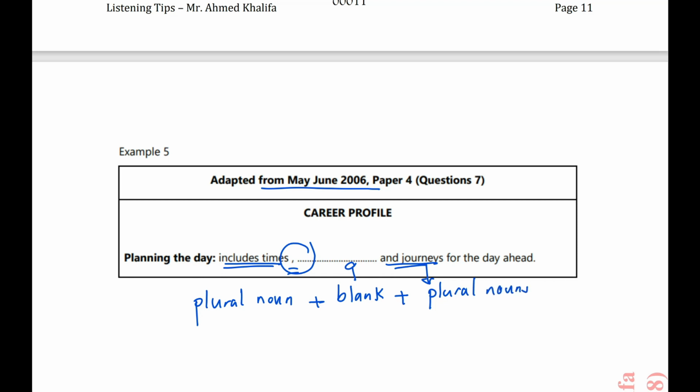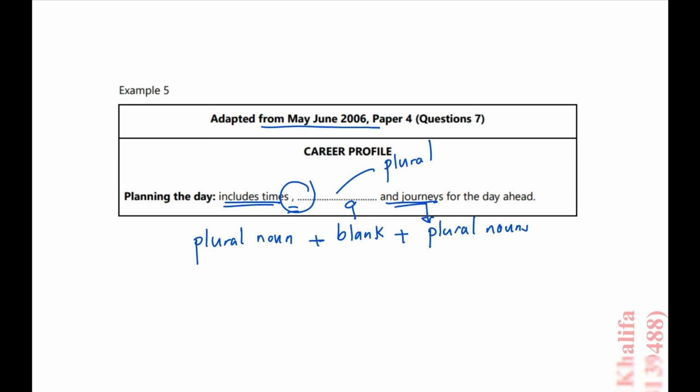So you tell yourself, what do you need here? We have times, blank, and journeys. So a plural followed by a comma and a blank indicates that the blank is most likely to be plural too. We've just said this one. So we can go for any nouns in the plural form.